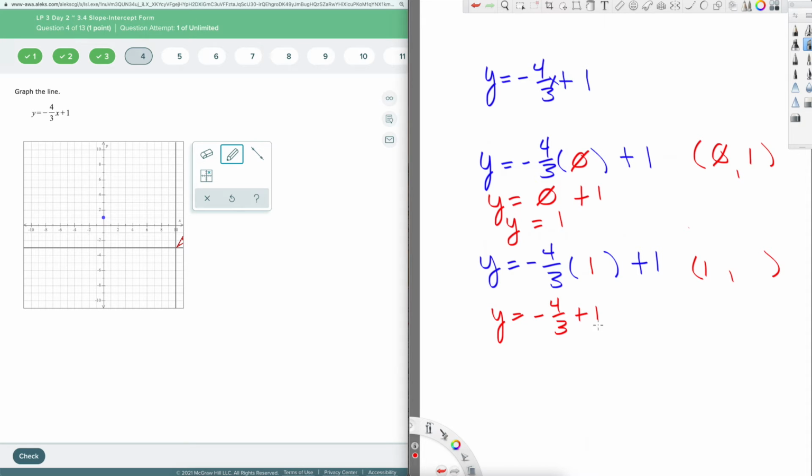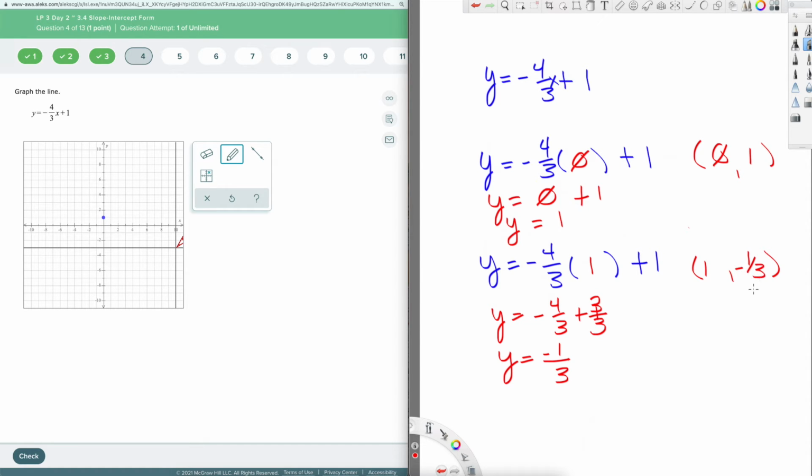So it's 3 out of 3. So this is just converting it really quick. 3 divided by 3 is 1. So I just converted it to a fraction so that I can actually add these really quick. So -4 plus 3, well, that's -1 over 3. So if x is 1, y is -1/3.